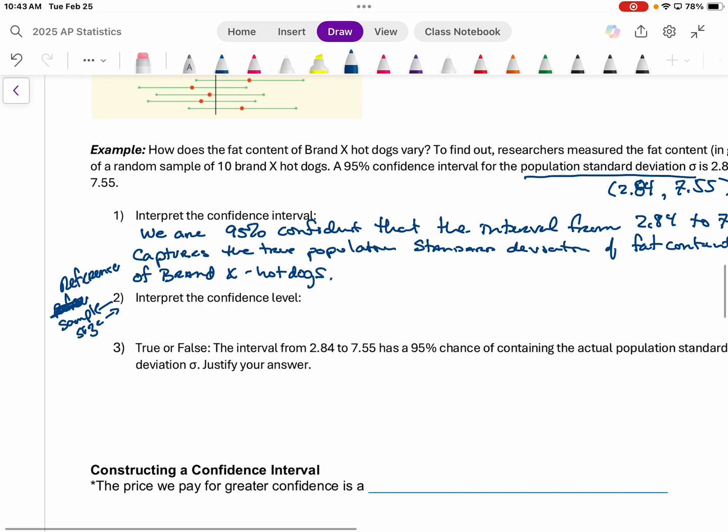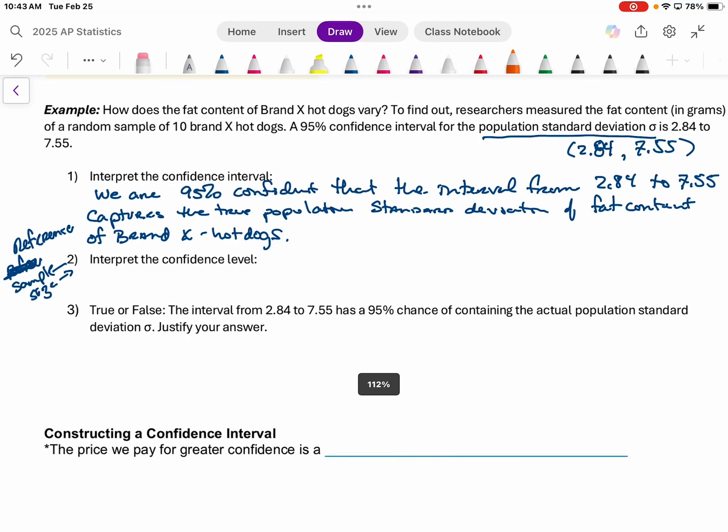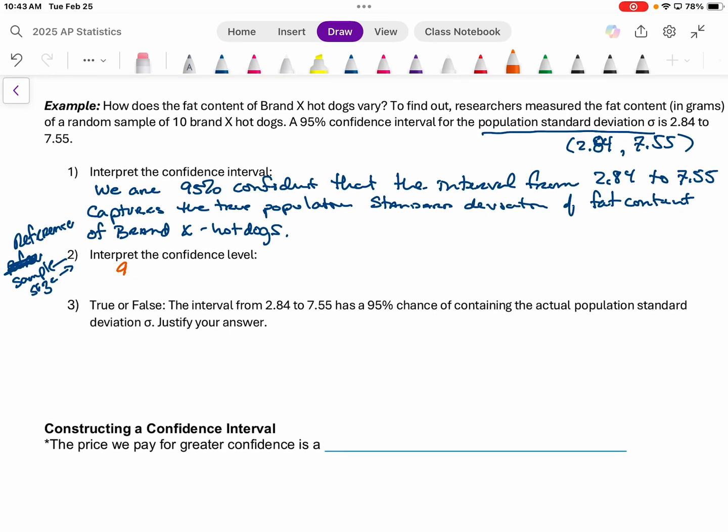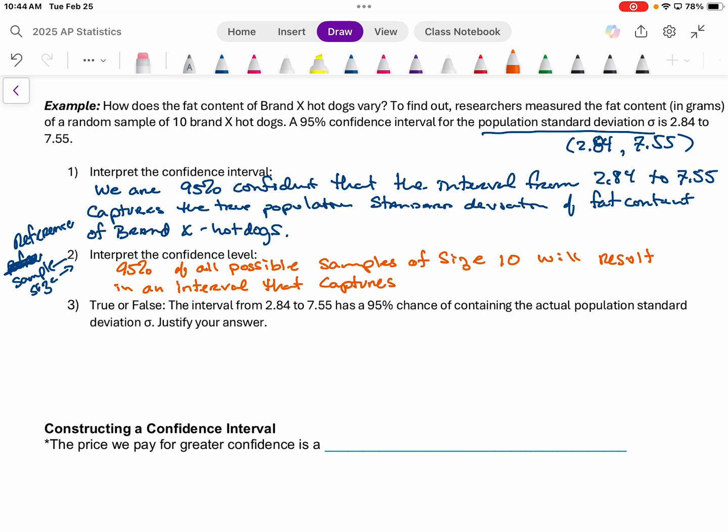So here's an interpretation for the confidence level. 95% of all possible samples of size 10 will result in an interval that captures the actual standard deviation.